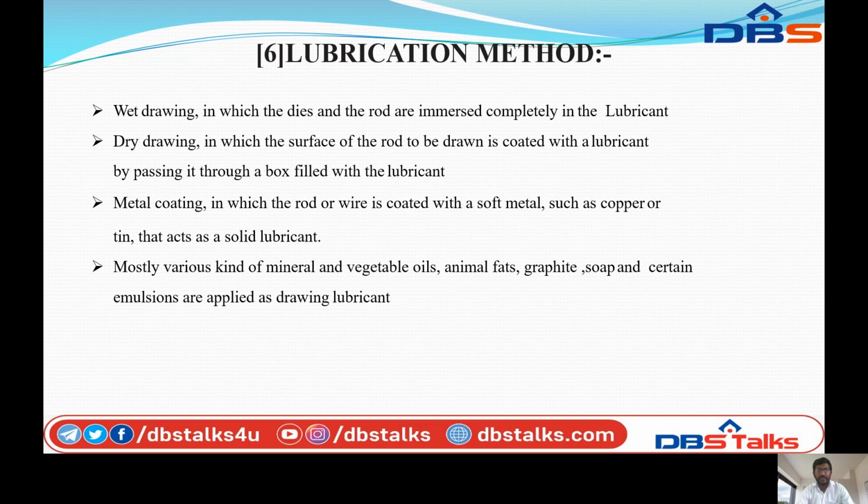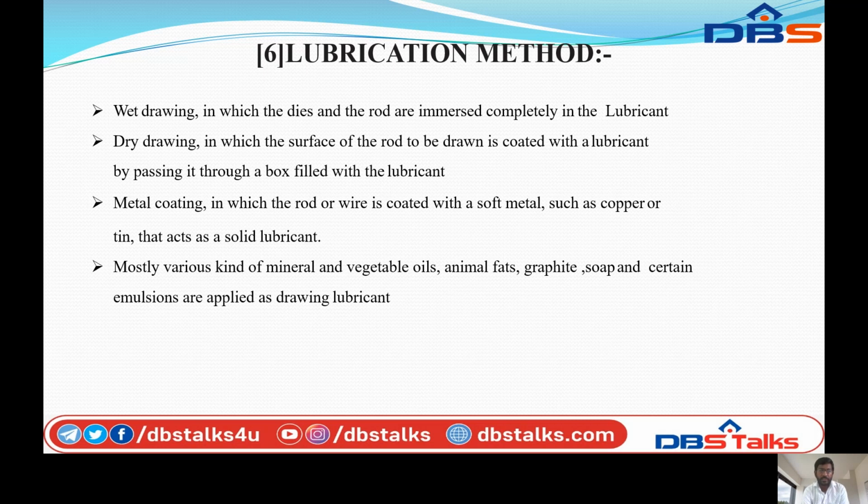Metal coating, in which the rod or wire is coated with a soft metal such as copper or tin that acts as a solid lubricant. Mostly various kinds of mineral and vegetable oils, animal fats, graphite, soap and certain emulsions are applied as drawing lubricants.